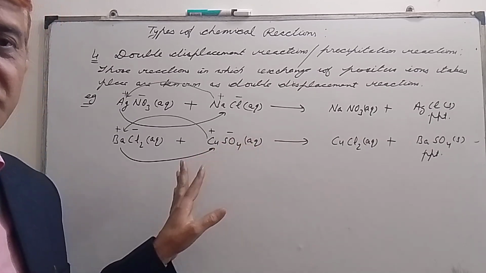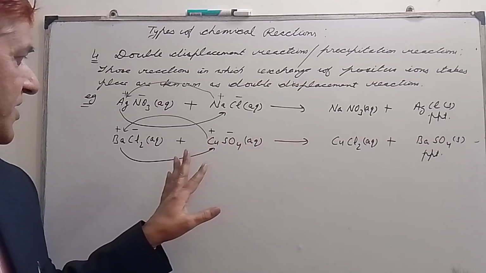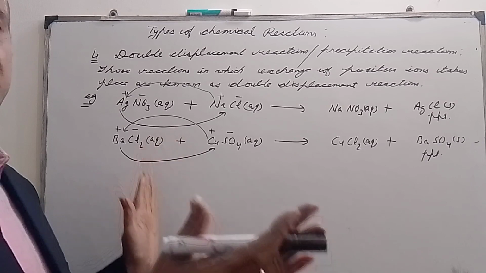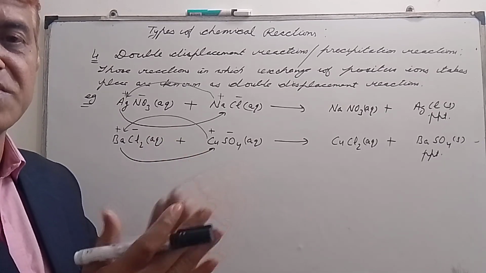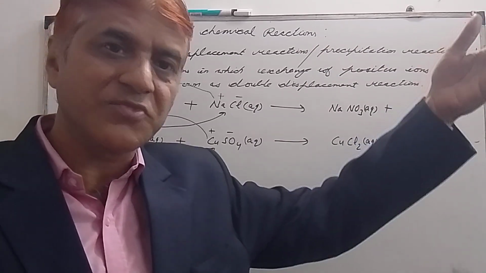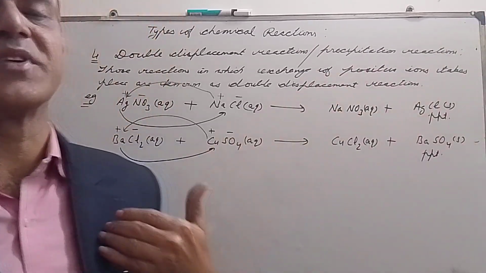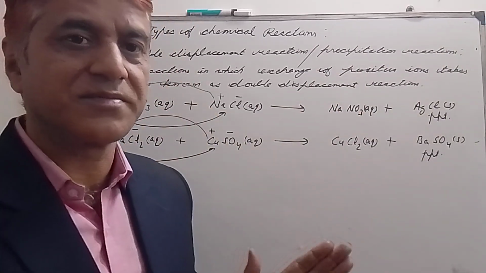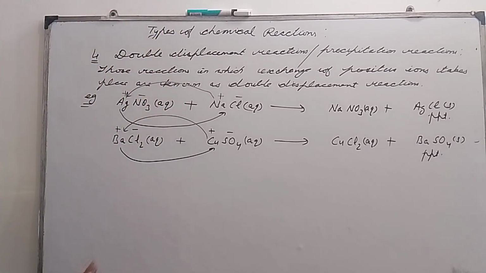That is not done here. Here we simply exchange. Exchange means what is mine will go to you, and what you have will come to me. That is the meaning of exchange. Let's take another example.